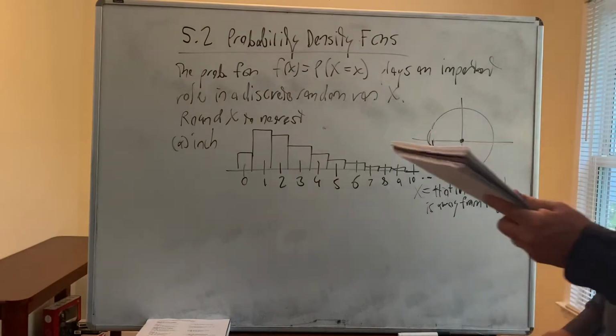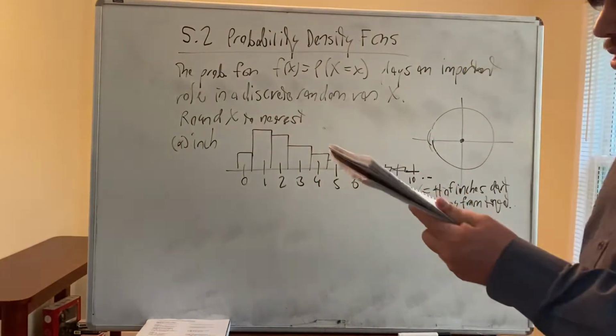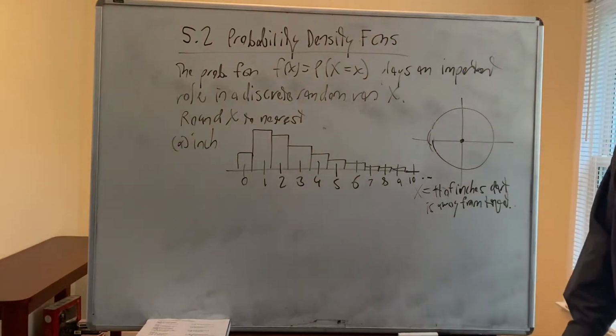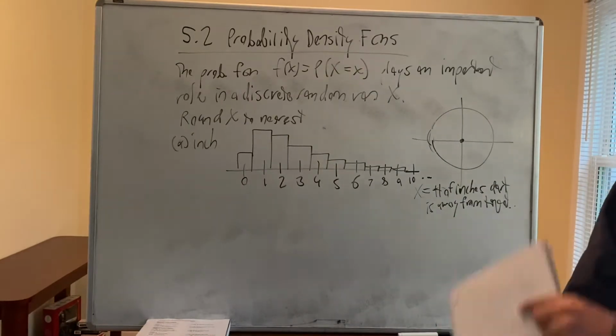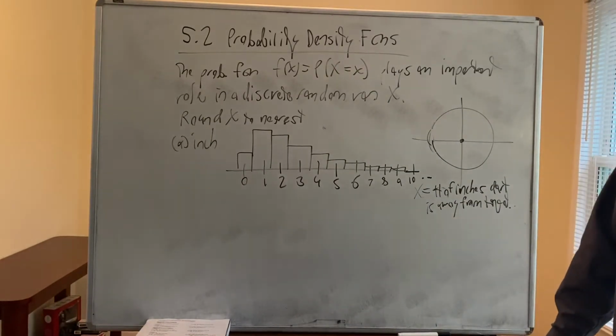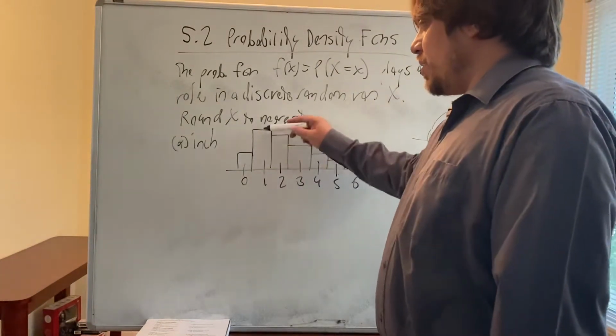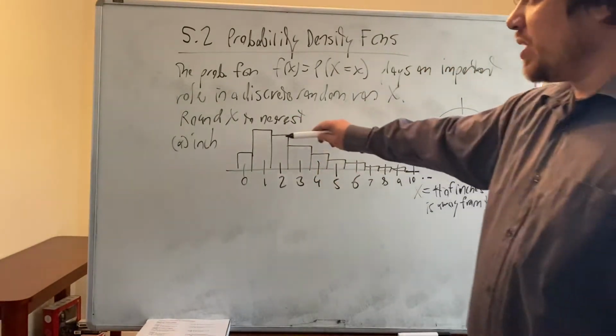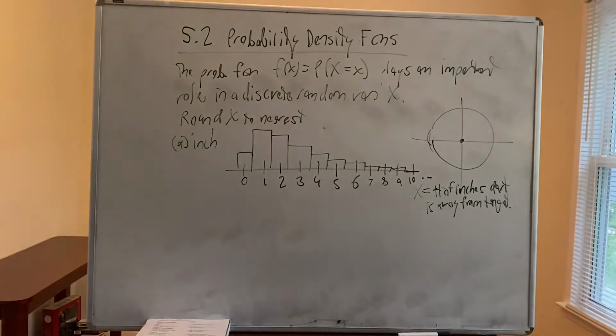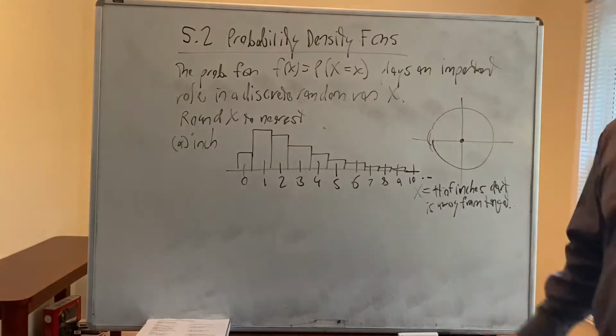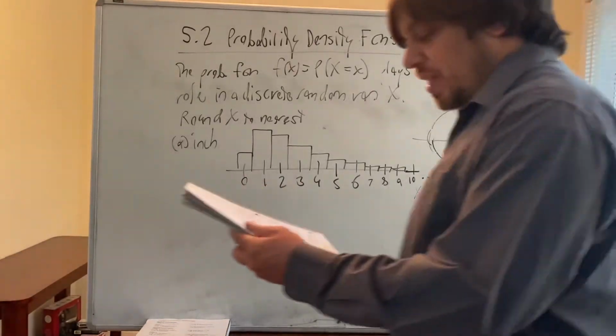So this is a probability histogram for this situation. There's a certain probability that it's 0 inches away. It's more likely it's 1 inch away, a little bit less likely it's 2 inches away, and so on. It's rounded to the nearest inch, right? And then once you get to 10, there's 0 chance you're going to be that far off.